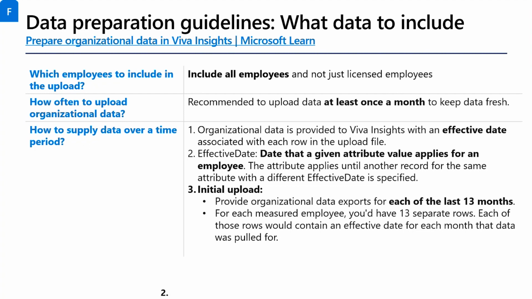And then there will be another row that has the effective date for when they started in the finance team. And that's how the org data file is prepared when it comes to effective date. Effective date is something that will be important when we talk about subsequent uploads, so I'll talk about that when we get to that section.